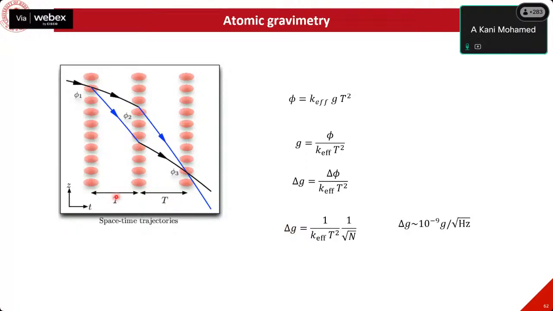But we have to make this measurement before the atom decoheres. So there is a spontaneous emission rate, the spontaneous emission lifetime, that limits how big the t we can choose. If we choose a time which is larger than the spontaneous emission lifetime, there won't be any coherence between the two paths.